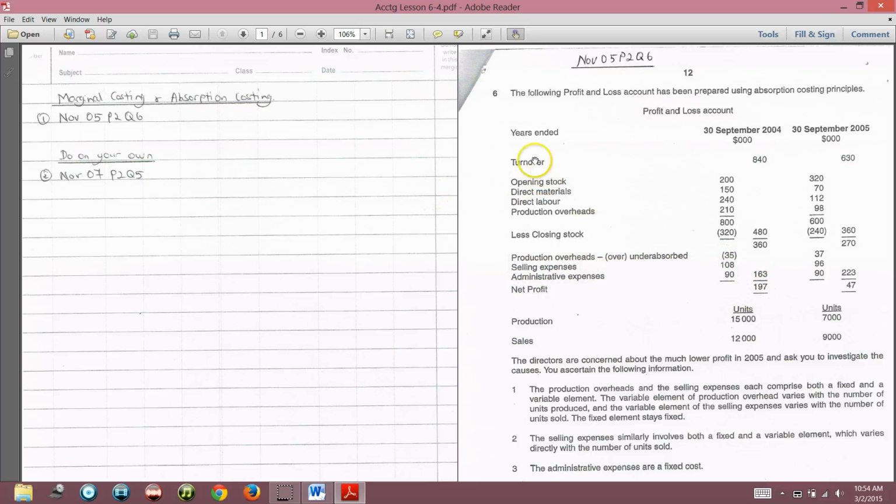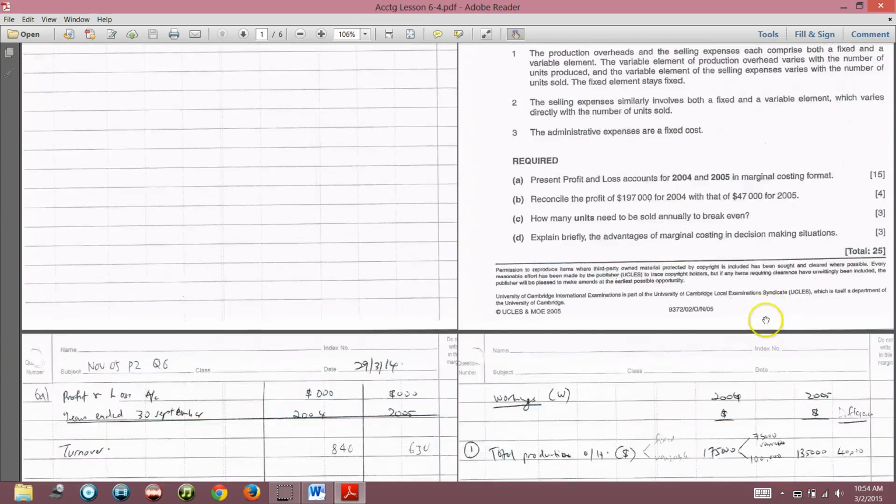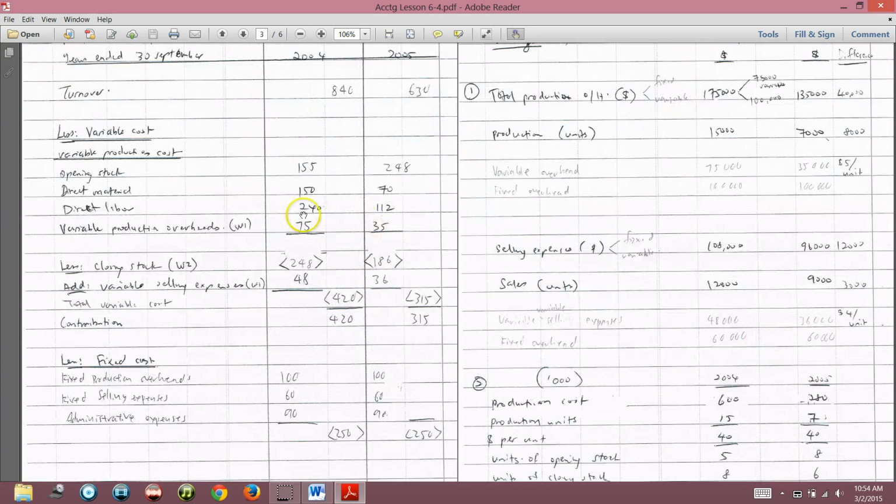So you can see the pattern: turnover minus your factory costs. Factory costs include the fixed factory costs and variable factory costs. Then after that you get this figure, then you minus your office cost, then you get net profit. But in the marginal costing basis, you take your turnover minus the variable cost, which includes variable factory cost and variable office cost.